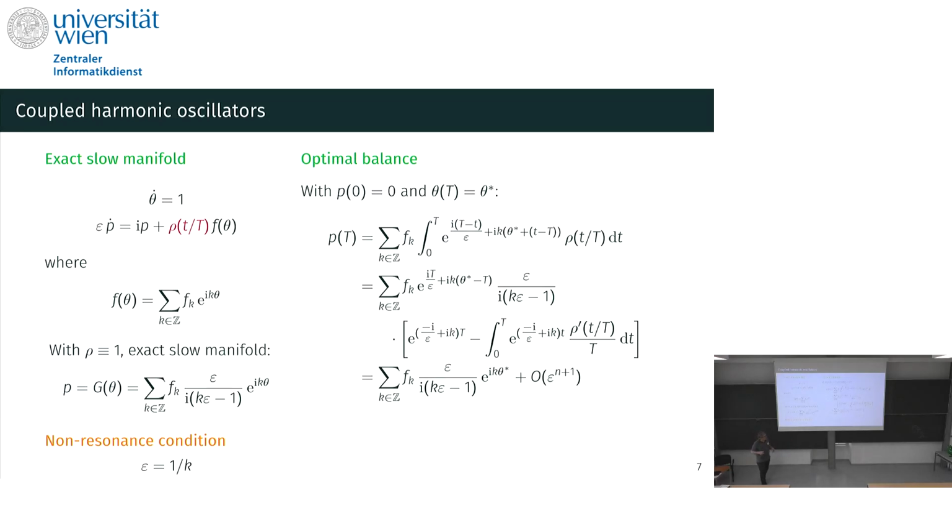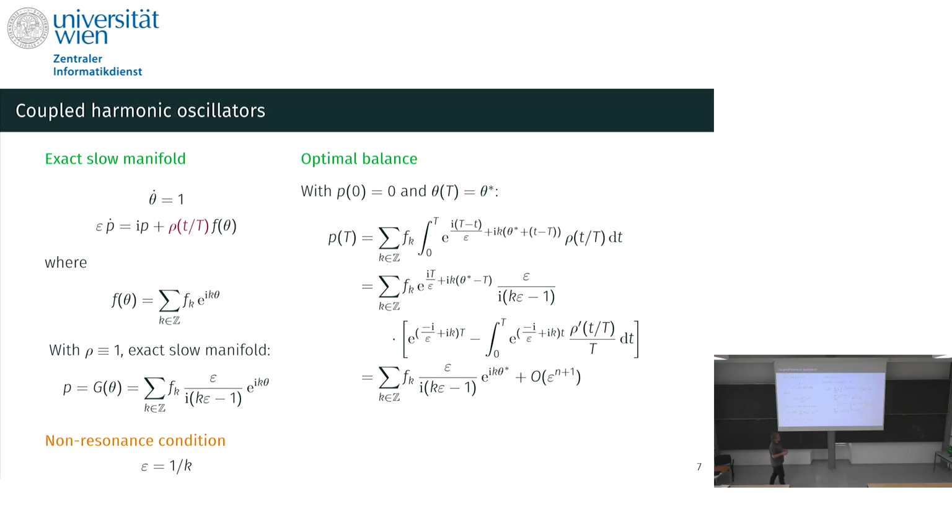And that means that in order for optimal balance to work to high order, the ramp needs to be very flat at the endpoints. Otherwise, at some point, you will get a boundary term. Fortunately, you get positive powers of epsilon in front with every integration by parts, so whatever boundary terms appear, they are higher and higher order.